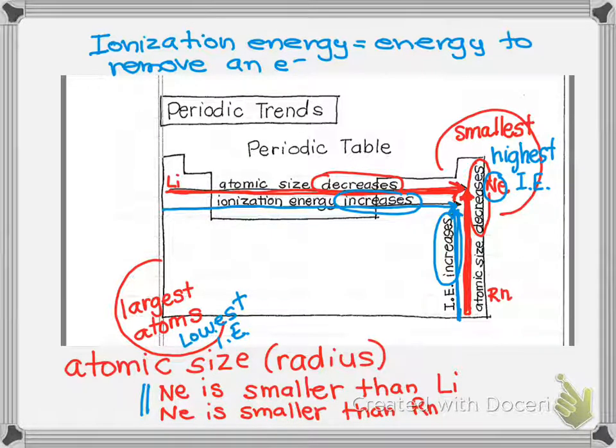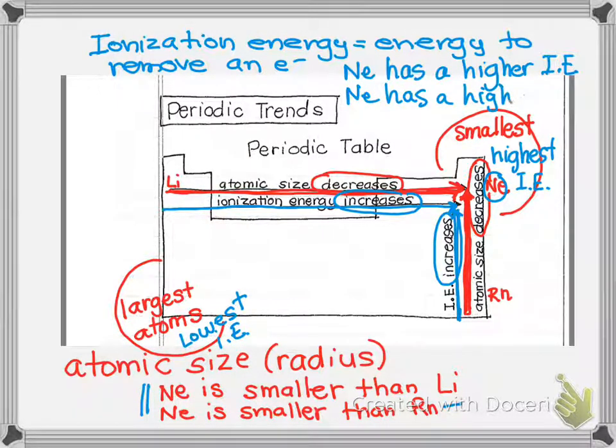Neon has a higher ionization energy, which means it's harder to remove the electrons from neon. And in the column, neon is smaller than radon, so neon has a higher ionization energy than radon. Whoops, I forgot, this is when I'm comparing to lithium, and this is when I'm comparing to radon.